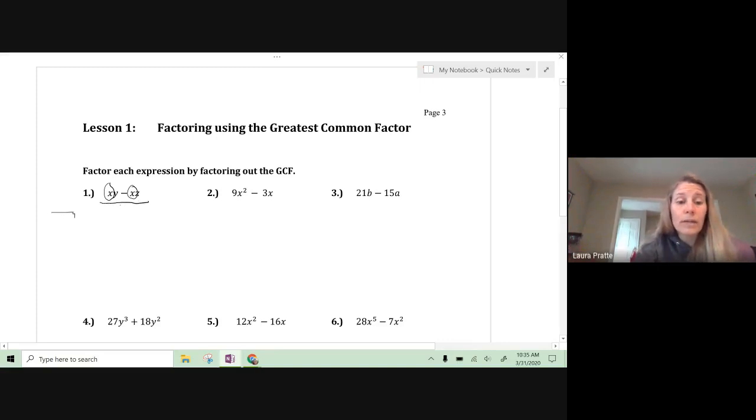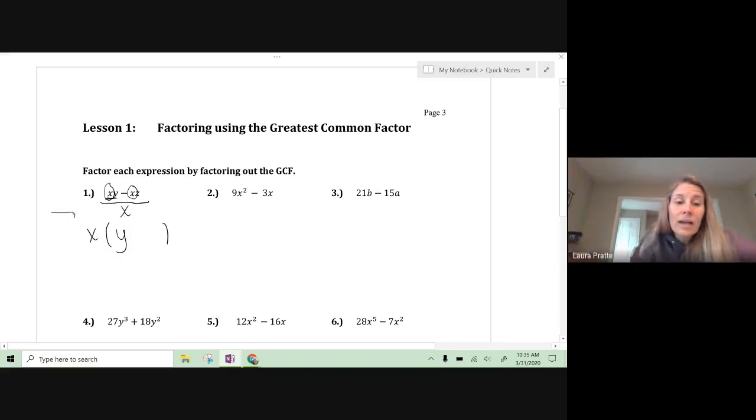Just like we were doing yesterday with the numbers, we would divide out that x. Whatever we're dividing out by, in this case a variable, is going to go outside the parentheses, and whatever is left would stay inside the parentheses. So if you have xy and you divide it by an x, you're left with just the y.